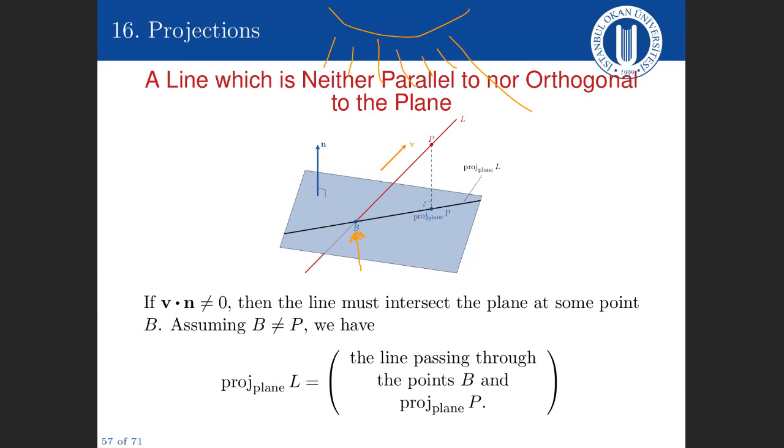And we can calculate another point on the black line. This is the projection of P on the plane. We know 2 points on the black line. The black line must be the line passing through these 2 points. In this case, the projection of the red line onto the plane is the line which passes through the point B and the projection of P onto the plane.